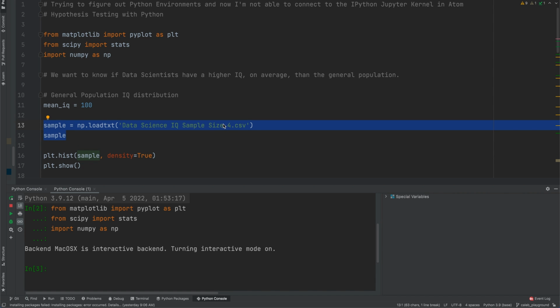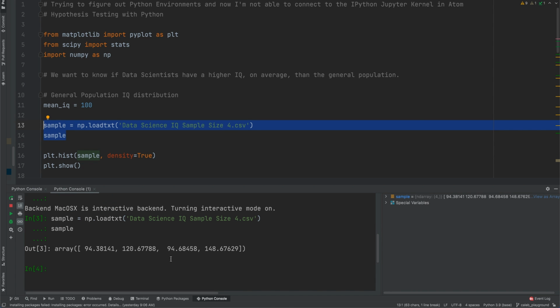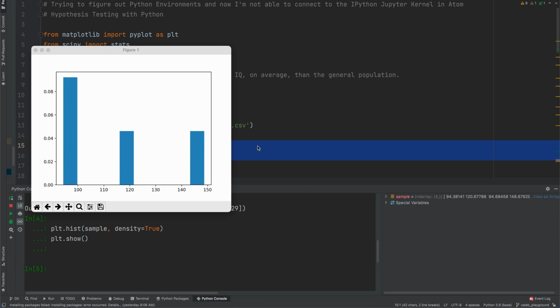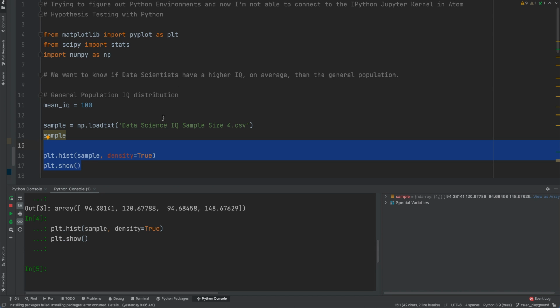I've got these loaded up. We've got four IQs for data scientists, and we're going to show you what that looks like in a histogram here. You can see a couple below that population mean and a couple that are pretty far above the population mean.